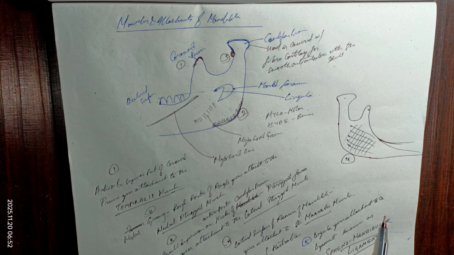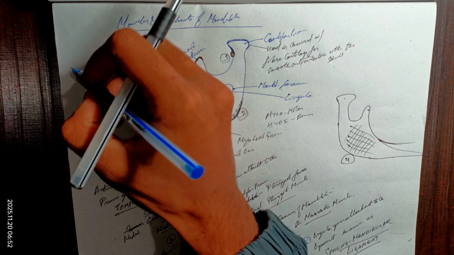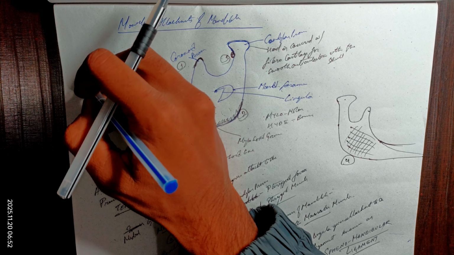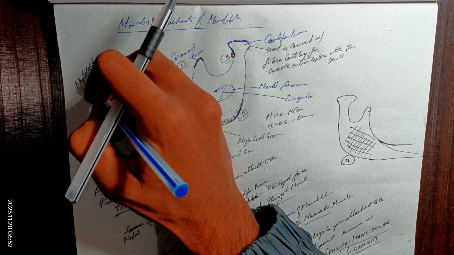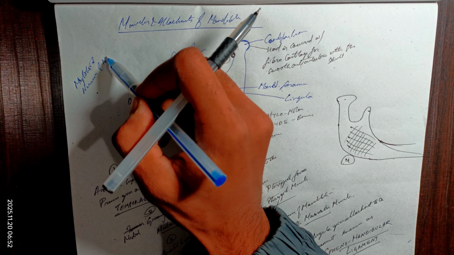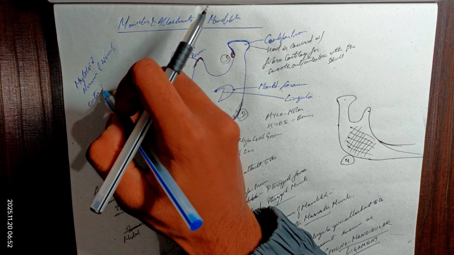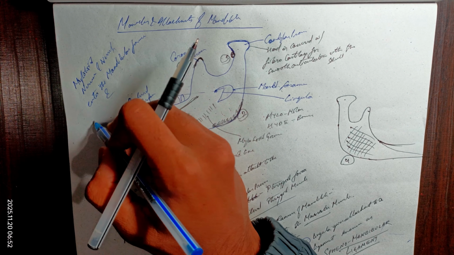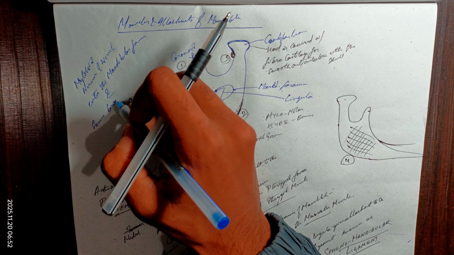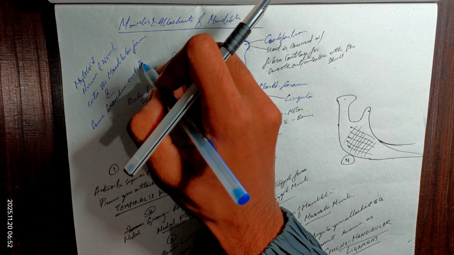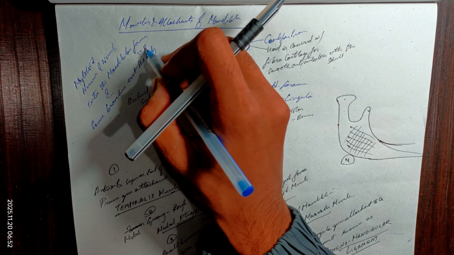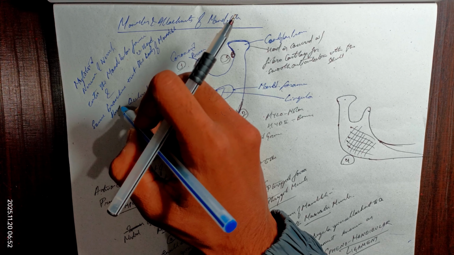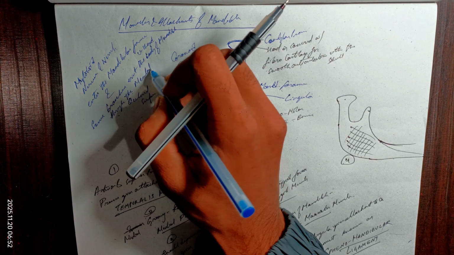Okay, so what else is left? Yes, the mylohyoid nerves and vessels enter the mandibular foramen, and some branches exit the U-shaped body of the mandible through the mental foramen.